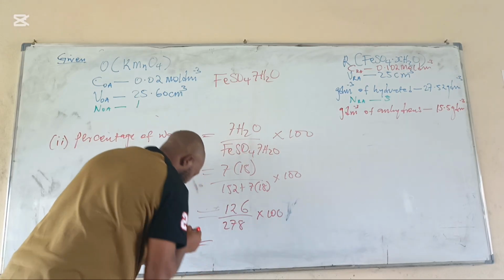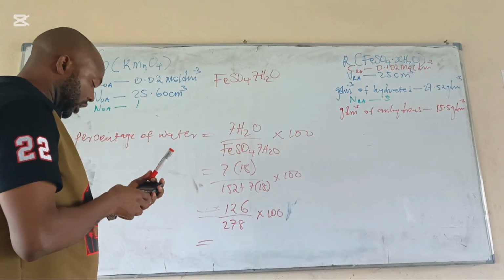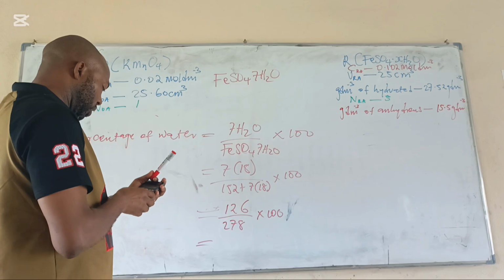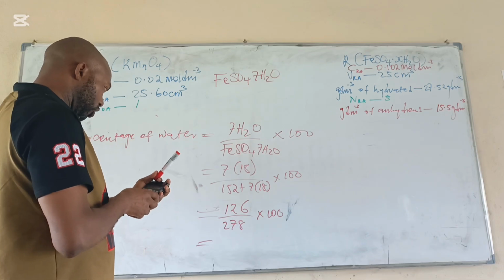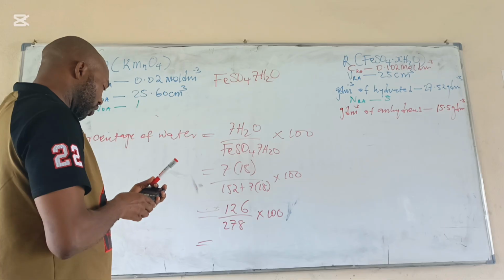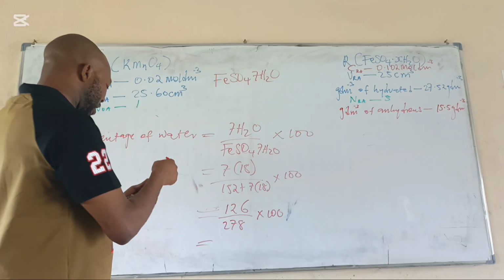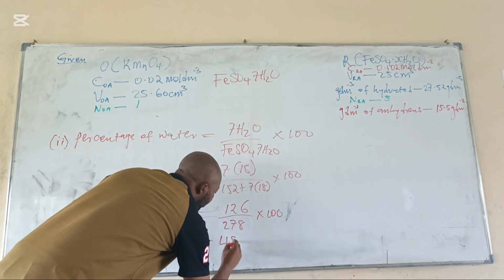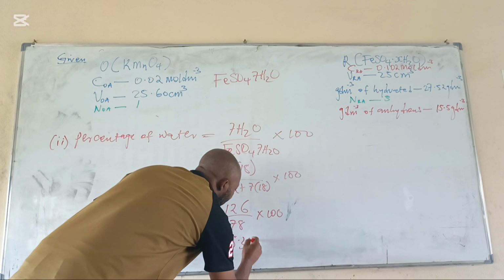And finally, the percentage of water of crystallization is 126 divided by 278 times 100. The percentage is 45.3%.